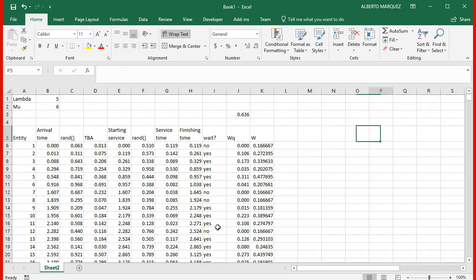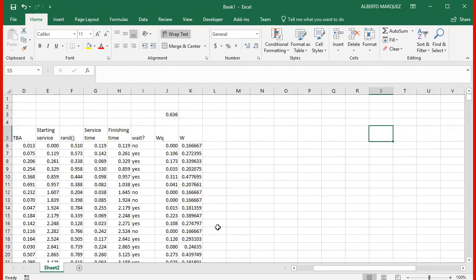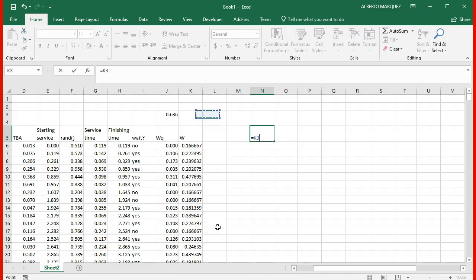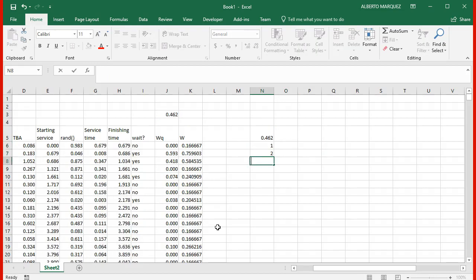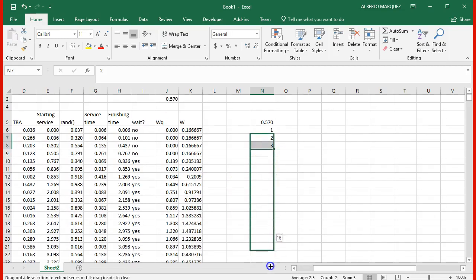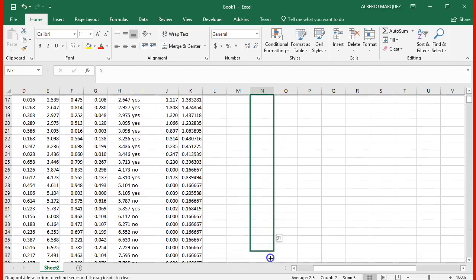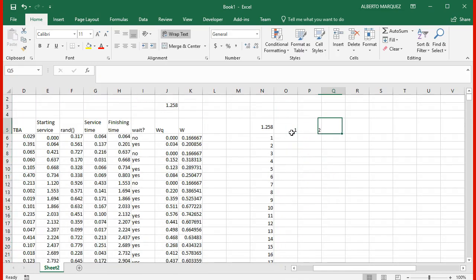So now what we can do is generate, this would be just one run, but we can generate several hundred runs and compute the average of the averages. So now what we do is we take that number of the average, and we are going to have 30 rows and 10 columns.